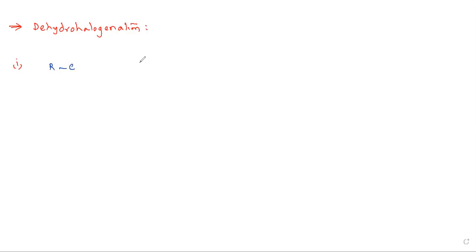So this is a kind of elimination. So this is vicinal dihalide. When halogen atoms are on adjacent carbons, it is said to be a vicinal dihalide.